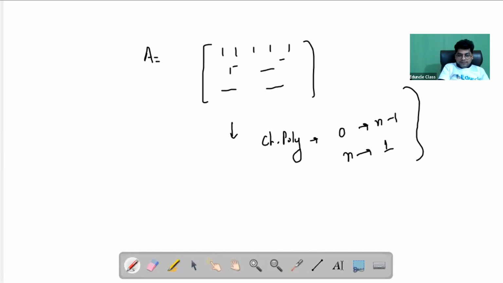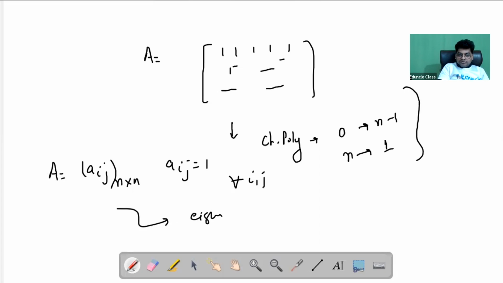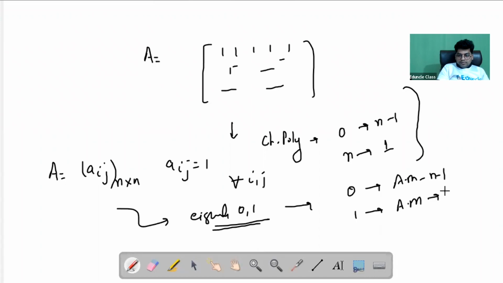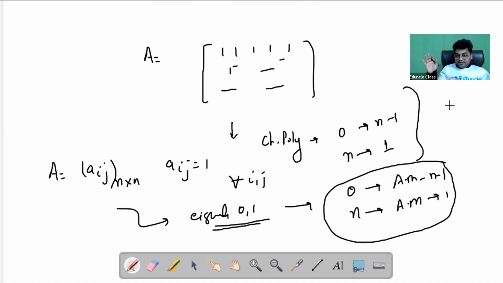If A is equal to Aij, the very famous problem, Aij equal to 1 for all ij, the eigenvalues of this matrix will be only 0 and n. The algebraic multiplicity of 0 is n-1. Is it clear? We have already discussed this in our previous classes.